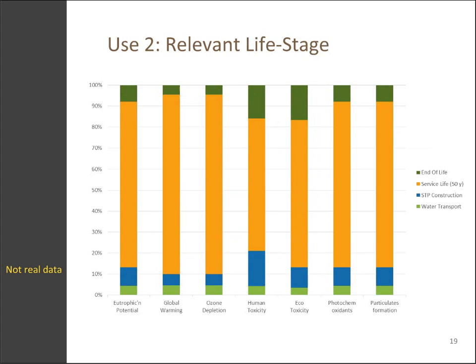Second could be to identify the most relevant life cycle stage. If you not only model the process itself, but also the dismantling of the site, the construction, the service life and the transport, you have a more holistic approach. You may also conclude that, in this example, human toxicity and ecotoxicity tell you the same as the rest of the impact categories: that the service life, modeled for 50 years in this case, is the most relevant life cycle stage.